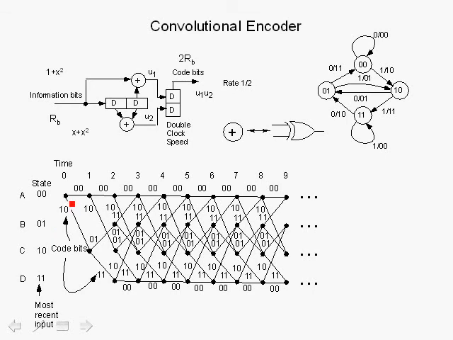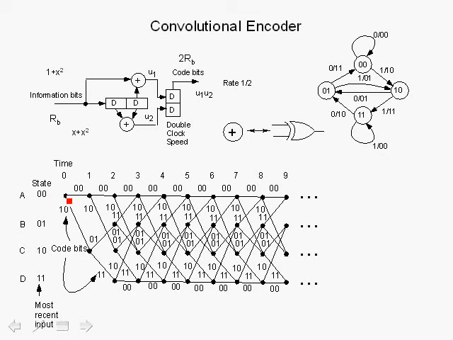Now, one very important point I want to point out is the fact that we label each branch from the node, depending on the branch. Of course, we have two possible branches depending on whether the input was a 0 or a 1. We label each branch with the output of the convolutional encoder, U1 and U2. So let's go over here and start out at state 0.